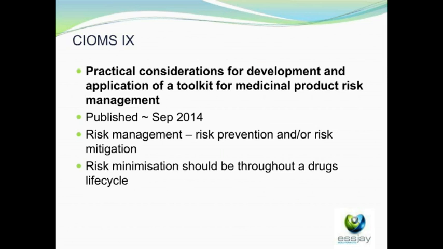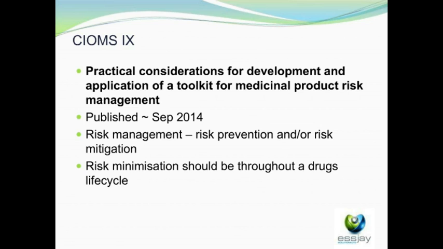So if we look at CIOMS 9 now, this was published last year, and really it looks globally and provides guidance with regards to risk management and risk minimization as well. They talk about risk management and the fact that this is about risk prevention and or risk mitigation as well.